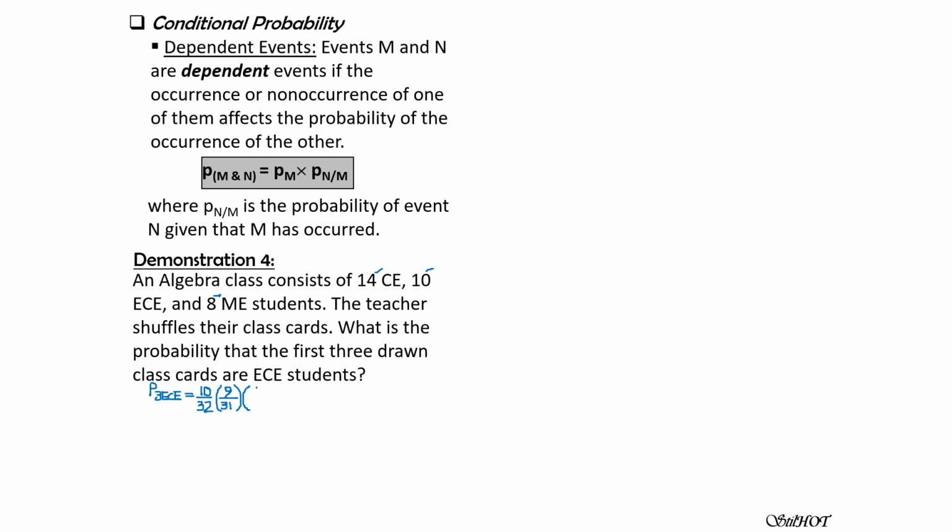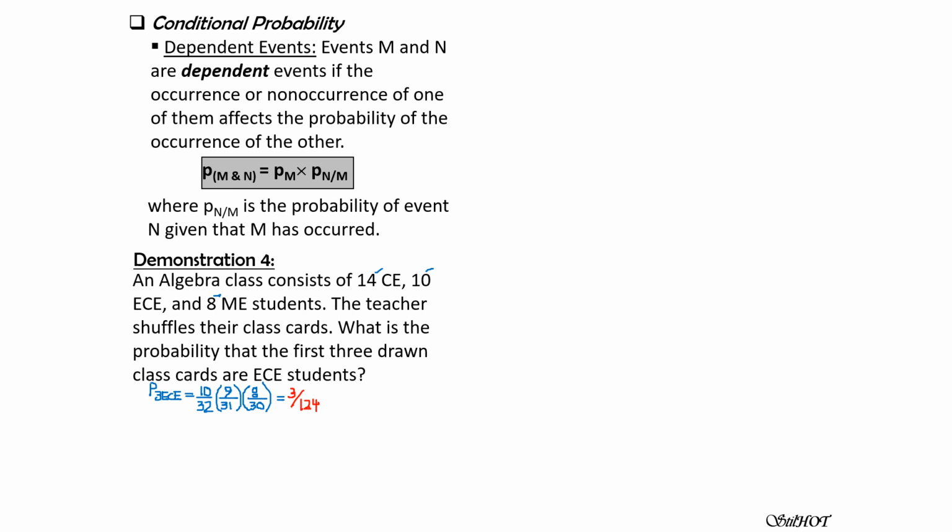Then there will be 8 ECE students left out of 30 students left. So simplifying this is equal to 3 over 124. So that's it for this problem.